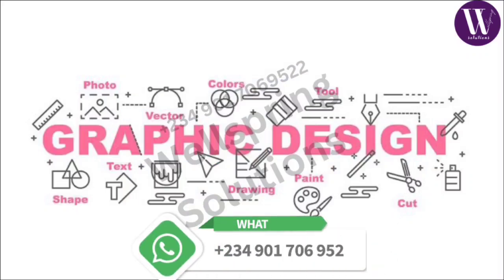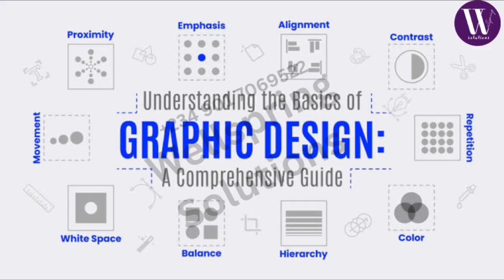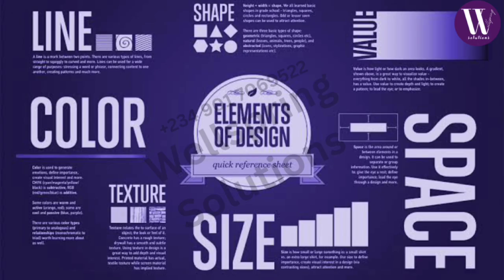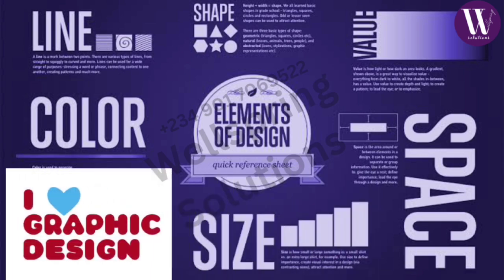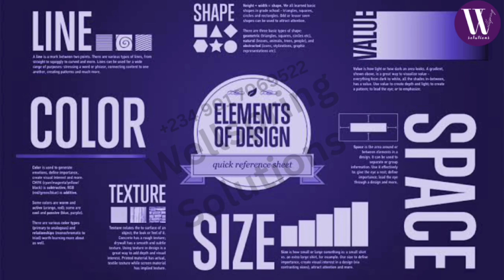Elements of design are the basic units of any visual design that form the design structure and convey the visual messages. Some of the elements that we can see in design are lines, shapes, colors, textures, and values.